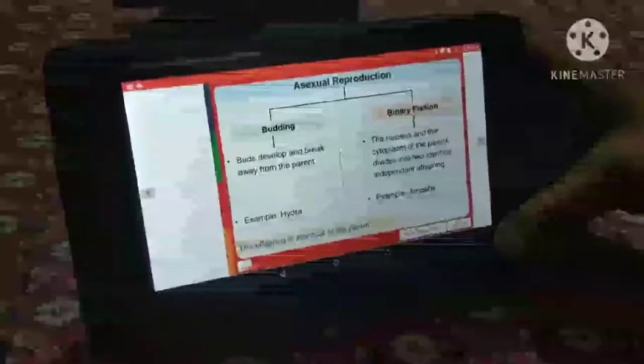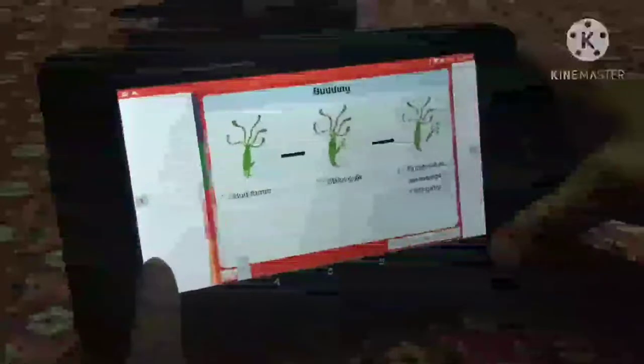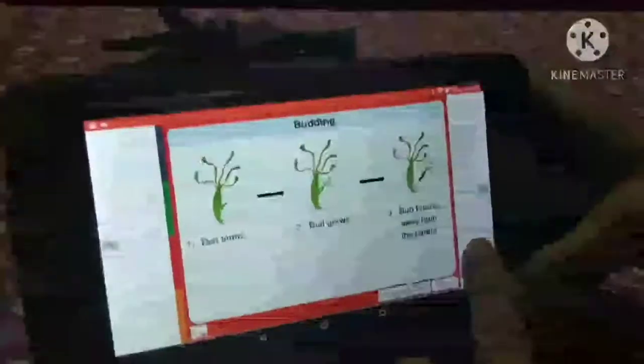Example is amoeba. The offspring is identical to the parent. Here you can see budding. Here you can see binary fission. It takes place in amoeba.